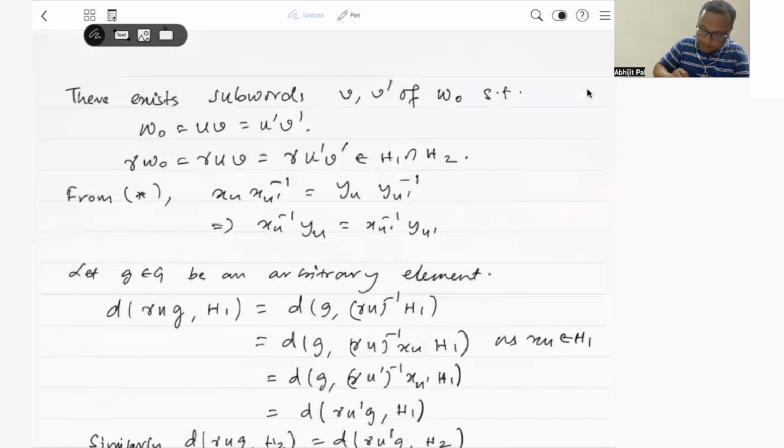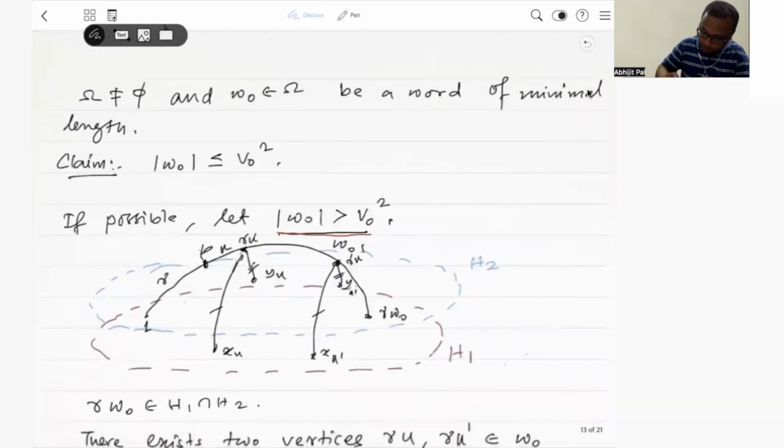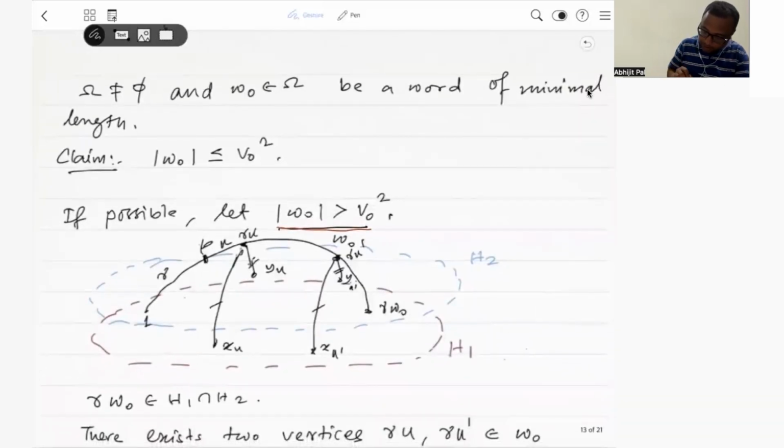So now there exist subwords V and V prime of W naught such that W naught is equal to UV, and W naught is also equal to U prime V prime. If I go back to this picture, this path is labeled by W naught, and this path is also labeled by W naught.